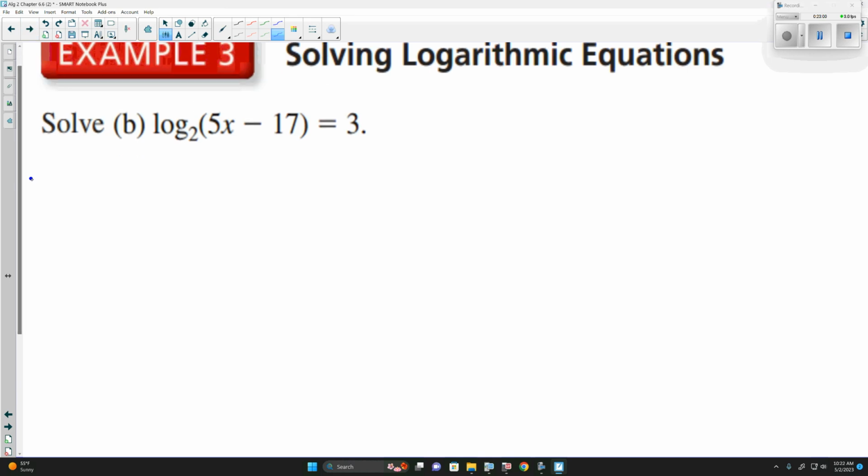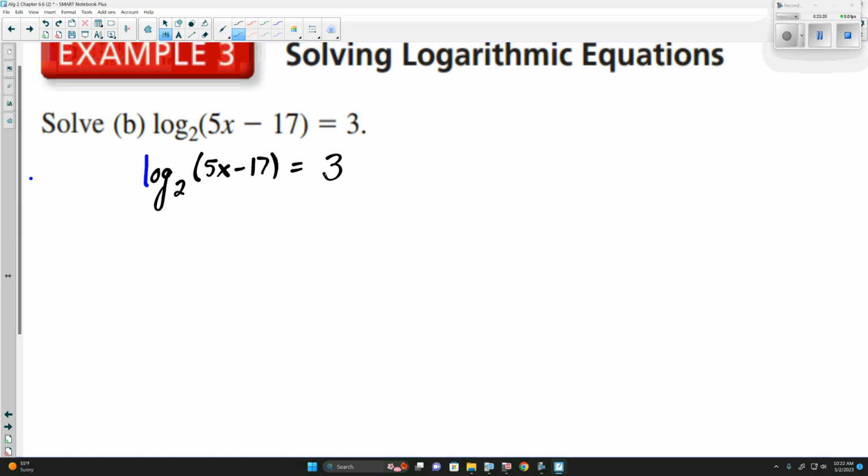Now the next type, we're going to look at this here. Log base 2 of 5x minus 17 is equal to 3. Whenever we have logarithms, kind of like exponentials, we want to get it by itself, especially with logs.